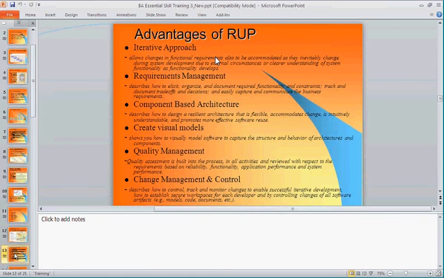It allows you to trace your requirements. If you were to delete one of the requirements, you'd be able to understand how it impacts the entire functionality of the software.